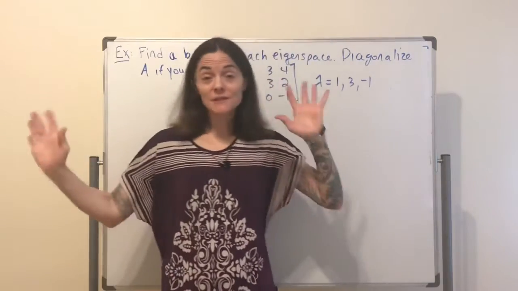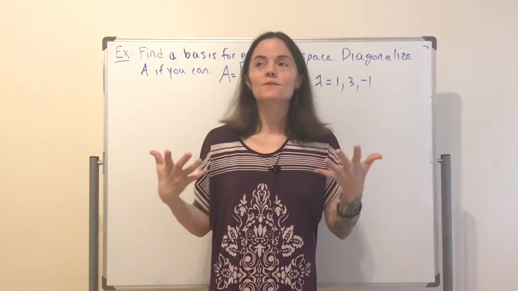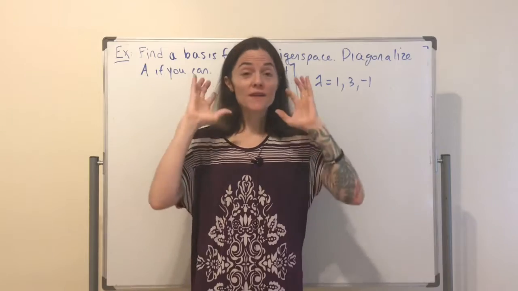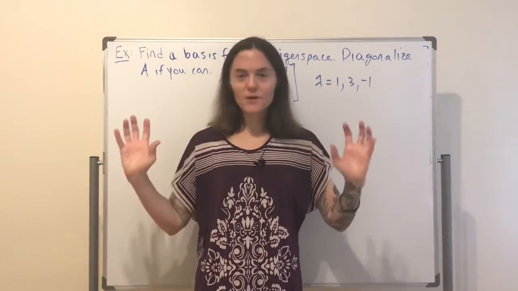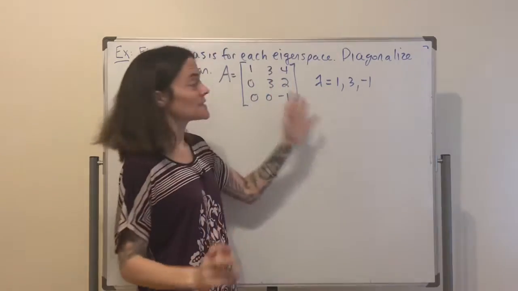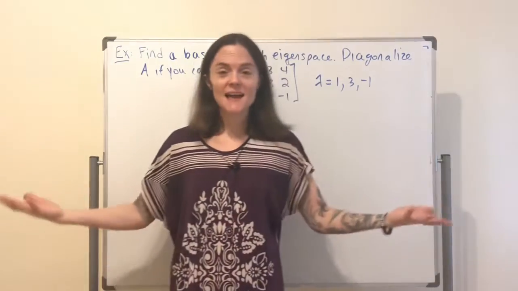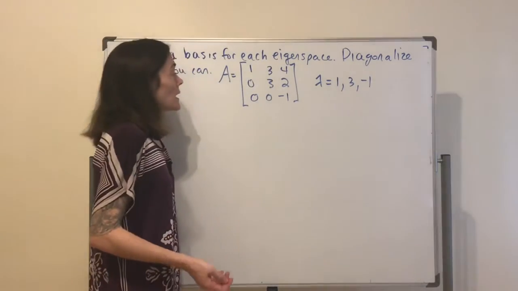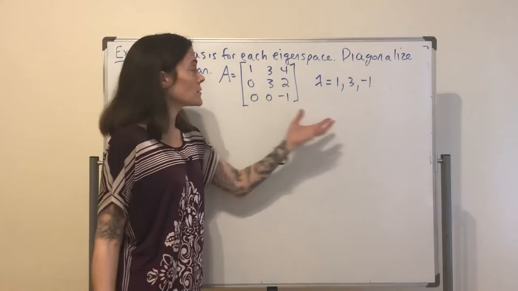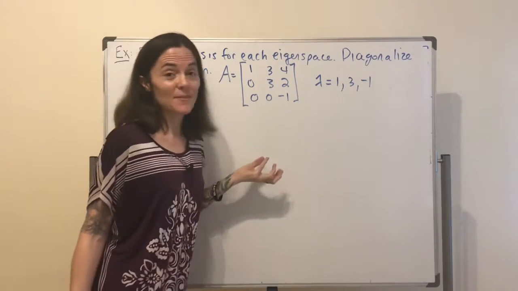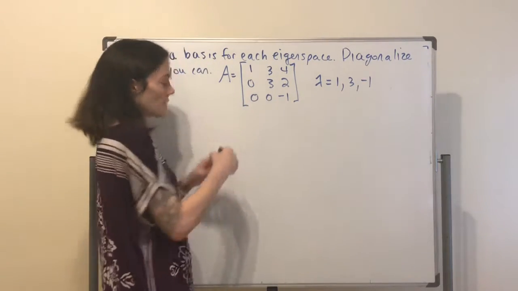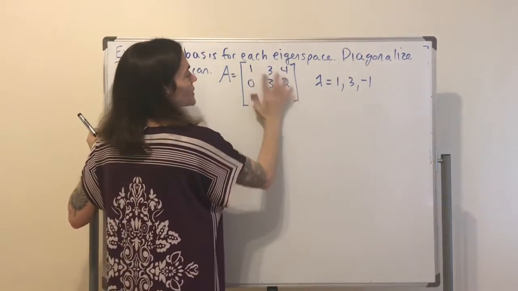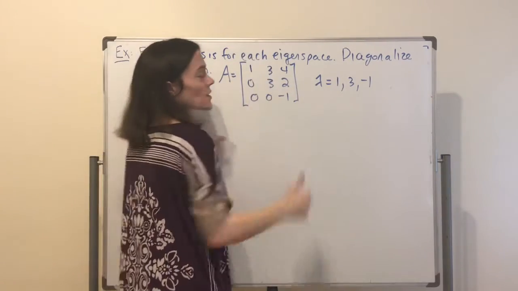What I will do now is go through a few of the examples we had yesterday where we already found the eigenvalues, but now we're going to find a basis for each eigenspace, and if we can diagonalize the matrix, then we will. Here's the first one. When you have an upper triangular or a lower triangular matrix, the eigenvalues are along the diagonal.